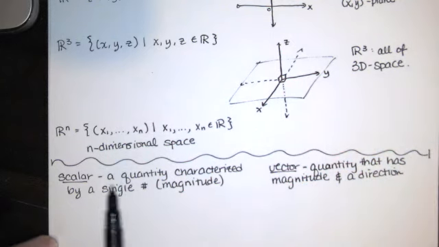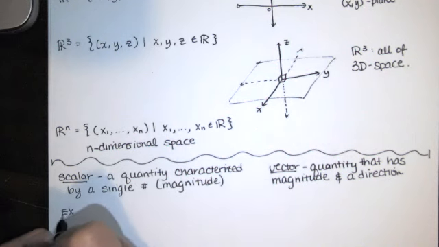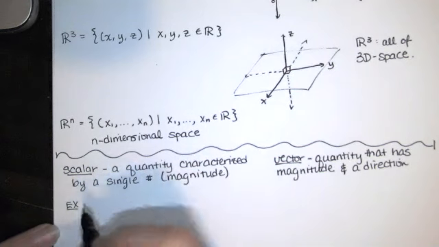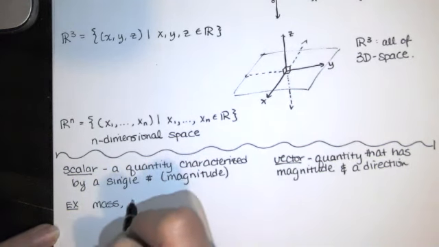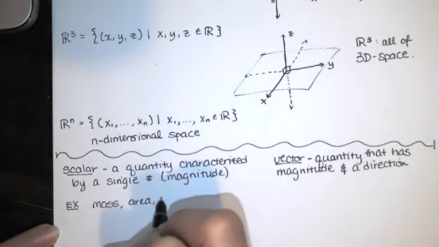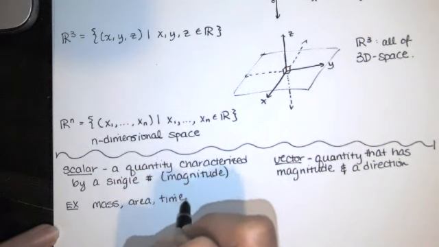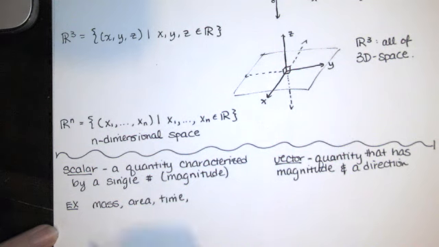So scalar quantities, these are quantities characterized by a single number, might include mass, or area, or time, distance.